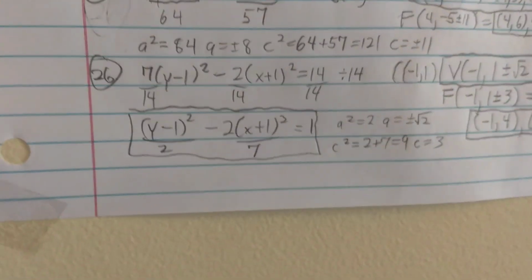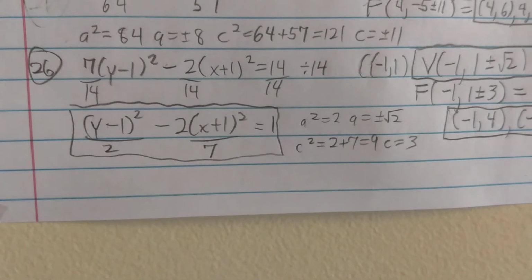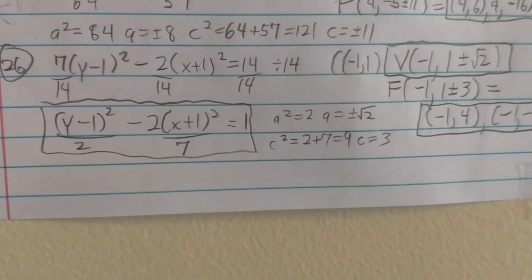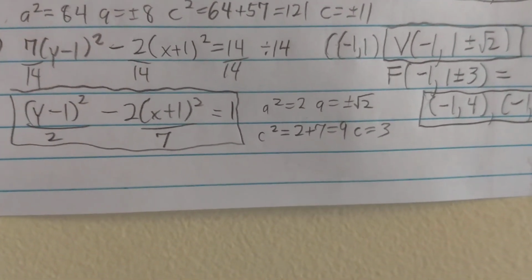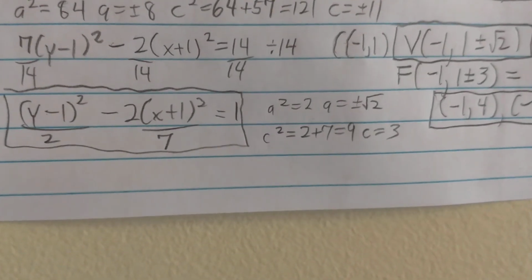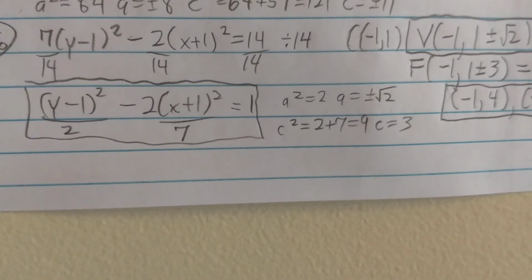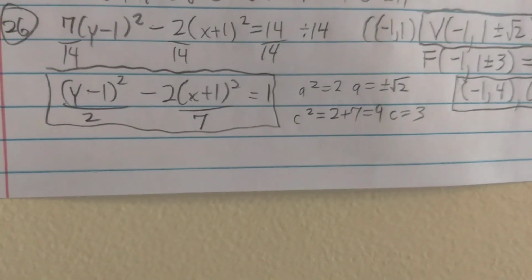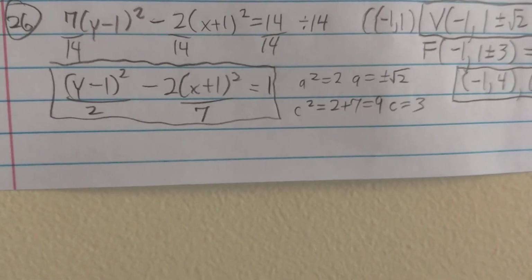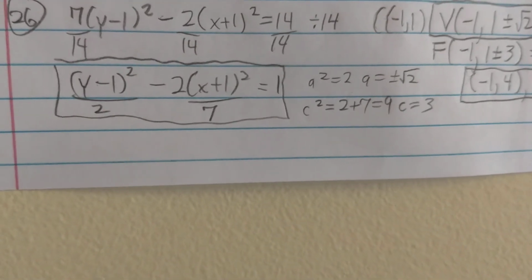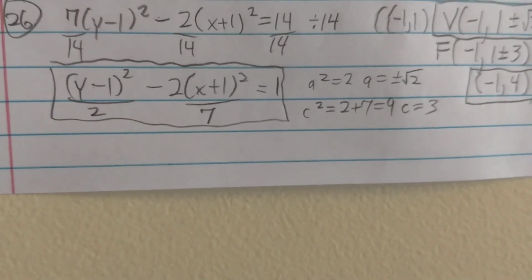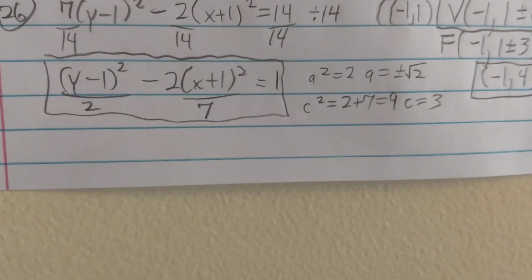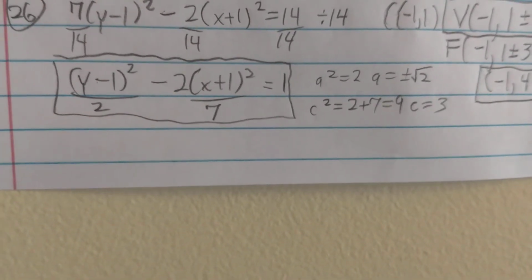Now for the last one, we have 7 (y minus 1) squared minus 2 (x plus 1) squared equals 14. Divide everything by 14. We end up with (y minus 1) squared over 2, opening up, minus (x plus 1) squared over 7 equals 1.